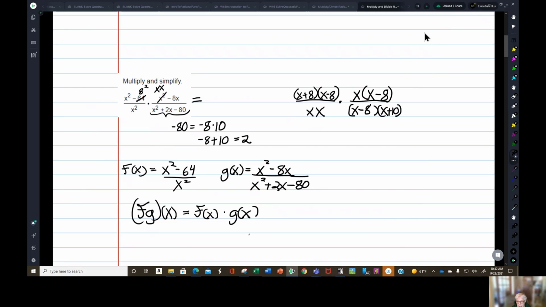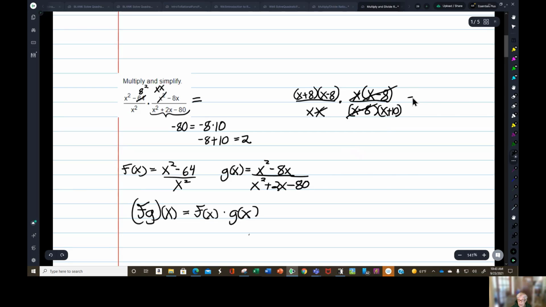Now, x minus 8 will cancel x minus 8. Notice you can cancel inside the same fraction. Or I could have canceled x minus 8 with that x minus 8. It doesn't matter. And this x will cancel with that x.